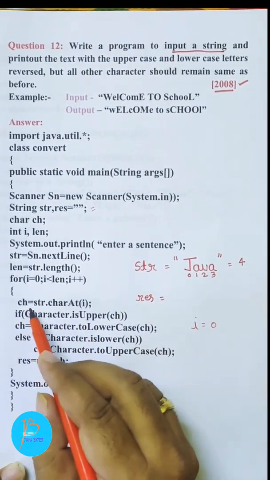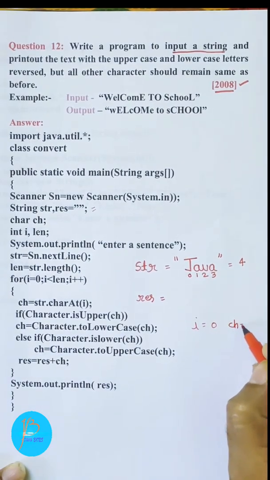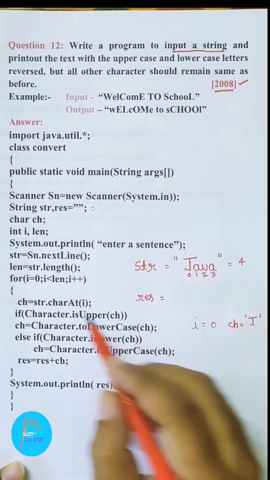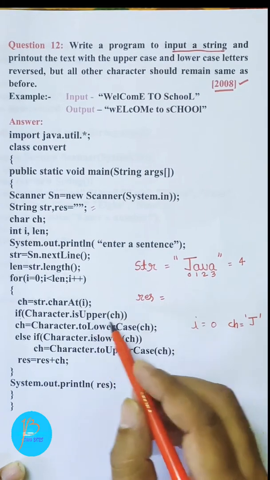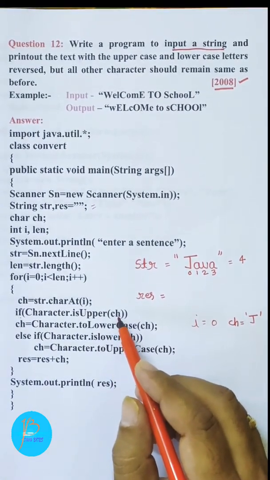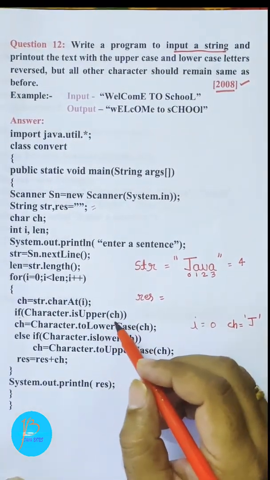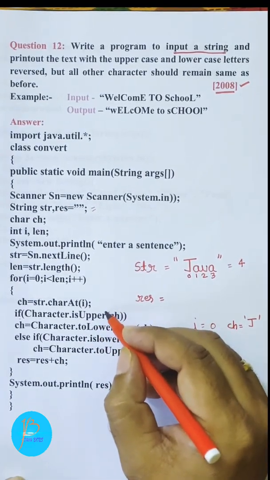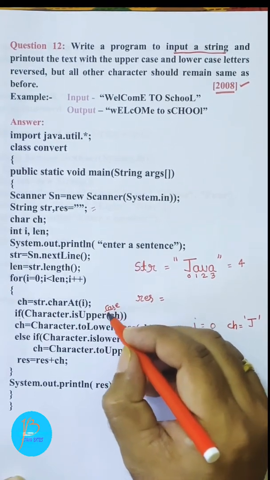Now come inside, we are saying ch equal to str dot charAt i. So ch will have the character at index i, that is the zero character, so it will be capital J. After that see what is told: if Character dot isUpper ch. So it is asked is upper. You know what the function performs. Actually the name of the method is isUpperCase, so you have to add the case in this.